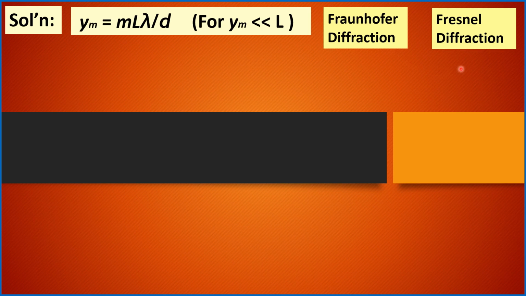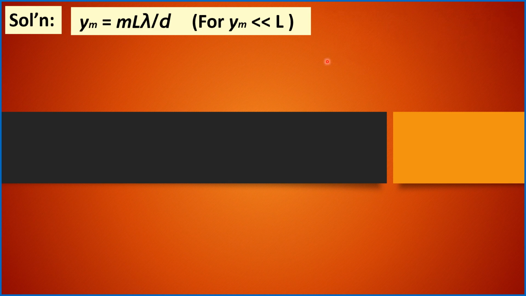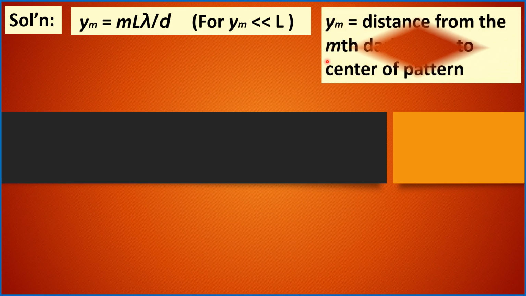All right. So let it be understood that all the problems that we'll be discussing here are of the type known as Fraunhofer diffraction. So once again, we emphasize the meaning of y sub m.